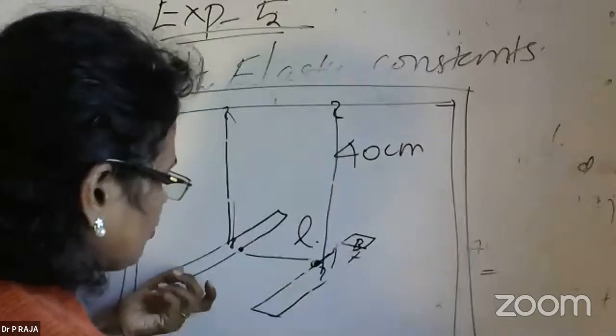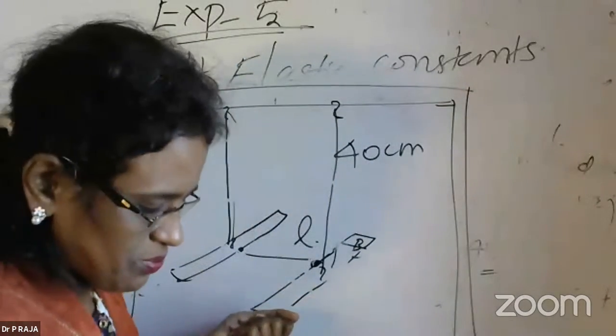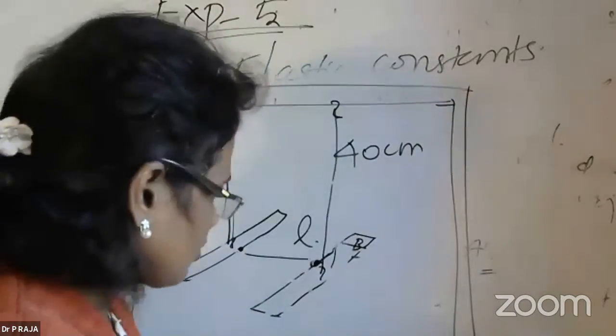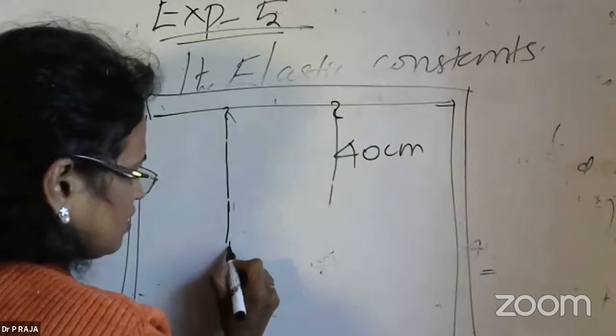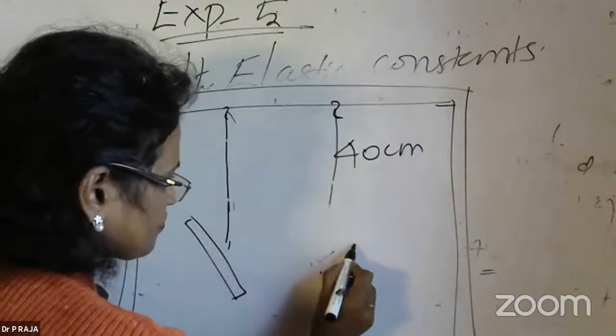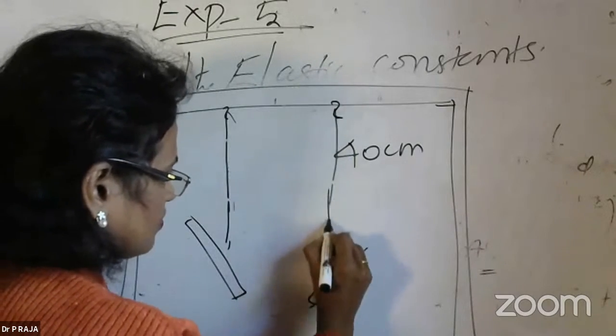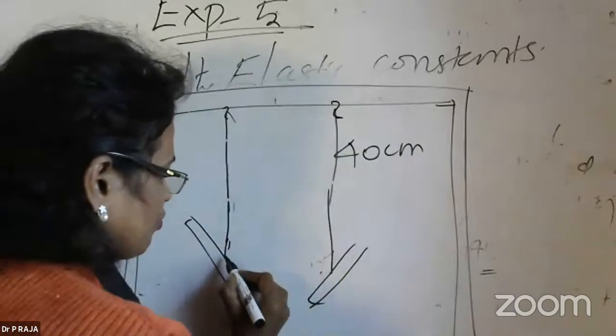Initially what you will do, you will bring them close to each other and make an arc shape. Try to bend it, and try to bring it closer. Why are you trying to do this?